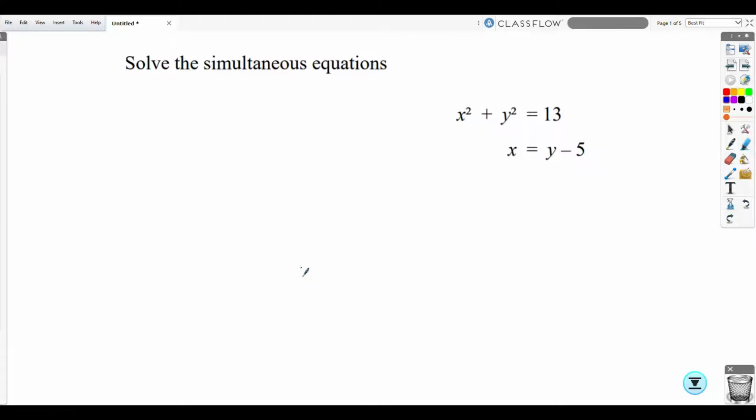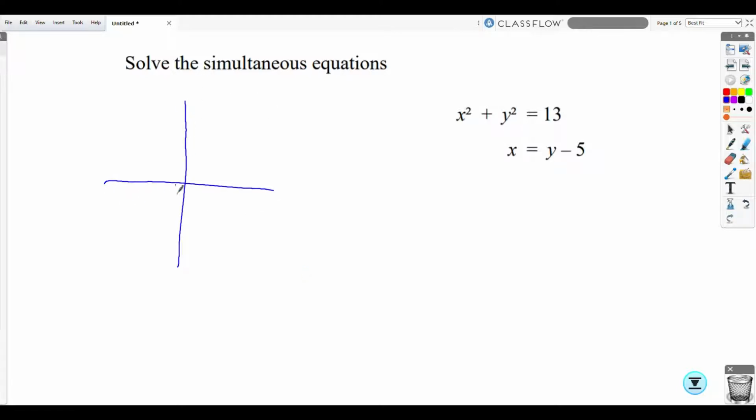The difference with quadratic simultaneous equations is you can either have two solutions, one solution, or no solutions. Now generally they'll use the equation of a circle, as you can see on the screen here. Now the cases for where you get 2, 1 or 0, we'll see right now.